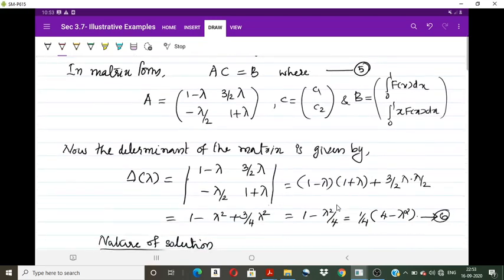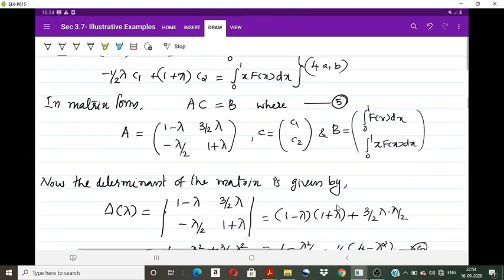Simplifying this, we will get 1 by 4 into (4 minus lambda square), and put it as equation number 6. So the determinant of the system is delta of lambda equal to 1 by 4 into (4 minus lambda square). Now we discuss the solution of the integral equation by considering this system 5.